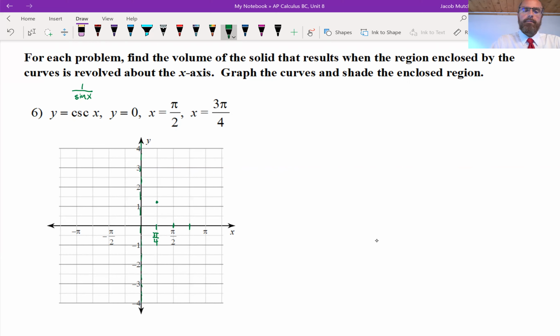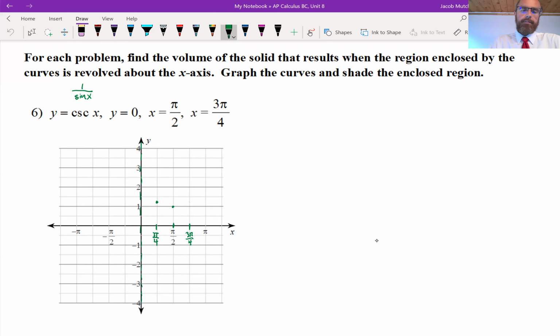So I'm going to graph that there. At pi over 2, sine has a value of 1. So 1 divided by 1 is 1. And then again at 3 pi over 4, which is our upper limit, coincidentally, that's another 45. But now the x value is negative, but that doesn't really affect sine. The sine value is positive because the y value at 3 pi over 4 is positive.